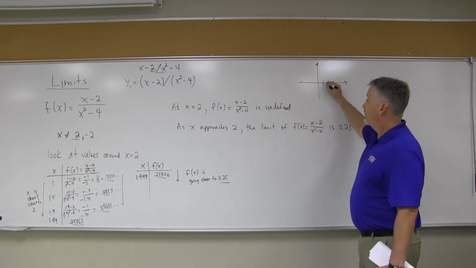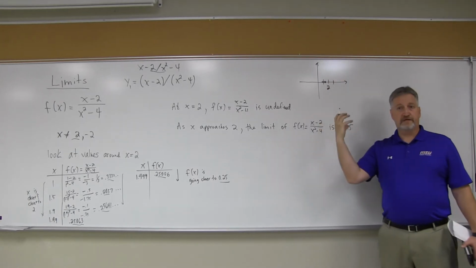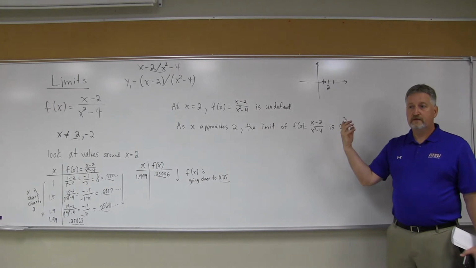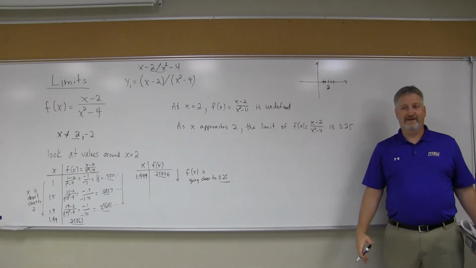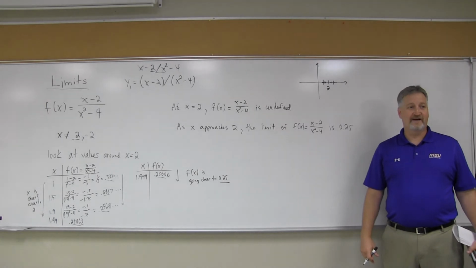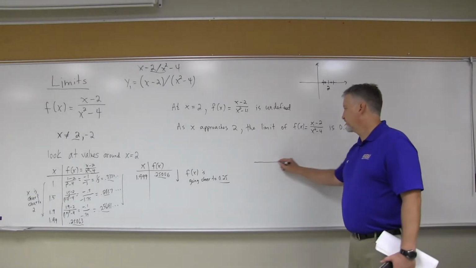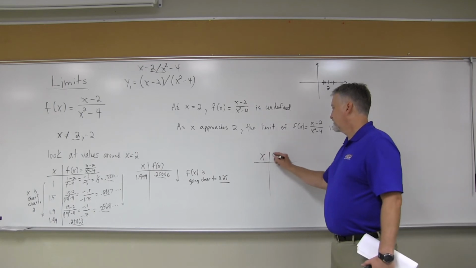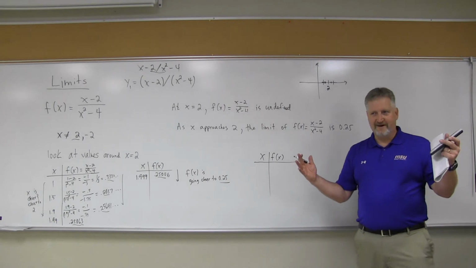What I've looked at is x approaching 2 from the lower side. Well, on limits, you also need to look from the upper side, the greater than 2 side. So to complete this table, let's look at the other side of things and see if the same thing happens. But now that we've got the calculator, it'll go much quicker, right?